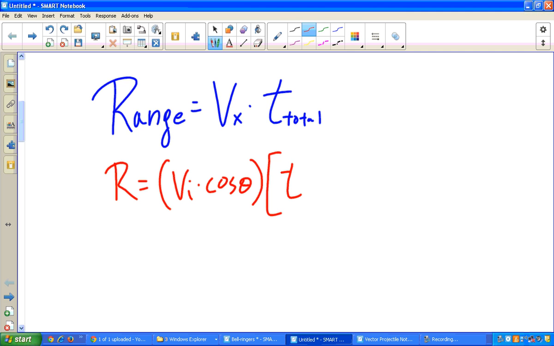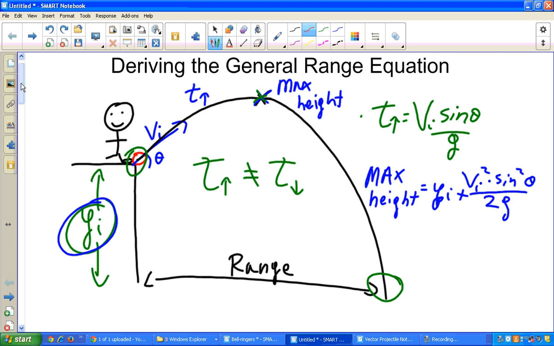We're going to have to break it in two pieces, the time up plus the time down. As we already said, we already have an expression for the time up, so all we really need is some expression for the time it takes the projectile to fall from maximum height down to the ground. Recall that at maximum height the vertical speed of the projectile is 0.